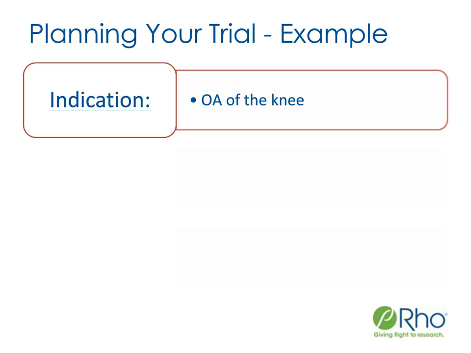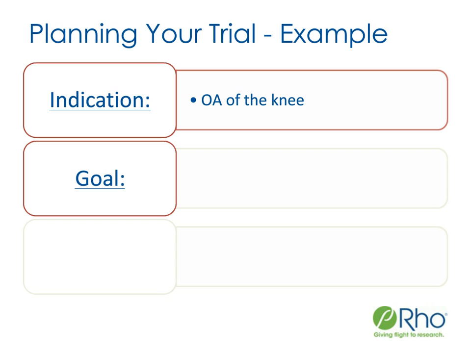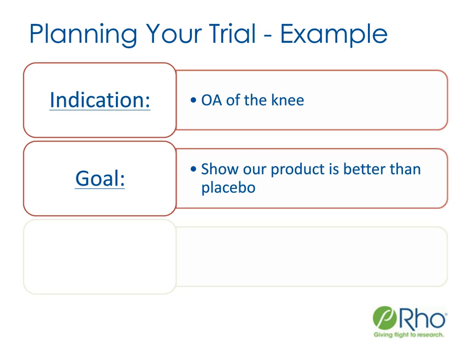And now we need to define the goal of our trial. And our goal is to show that our drug works better than placebo. To show this, we need to collect data on each subject's pain level.